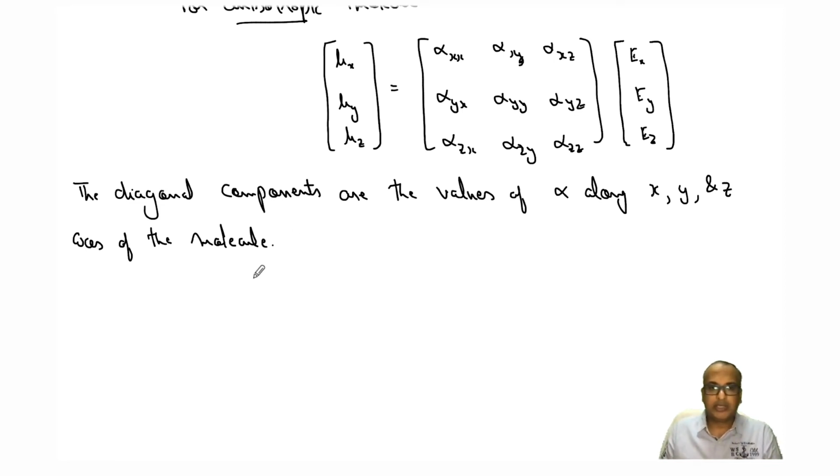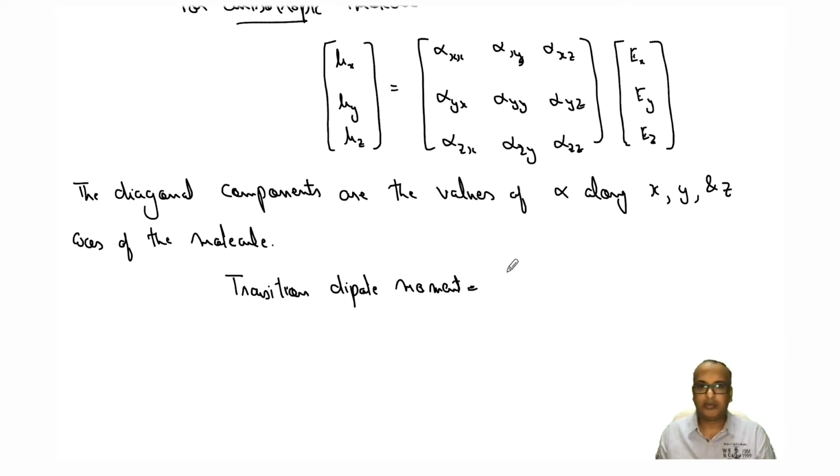Let us also discuss what we have already seen, the transition dipole moment, when we were discussing selection rules. The transition dipole moment for vibrational spectroscopy is given by the integral of psi v, mu, psi star v plus 1, d tau.